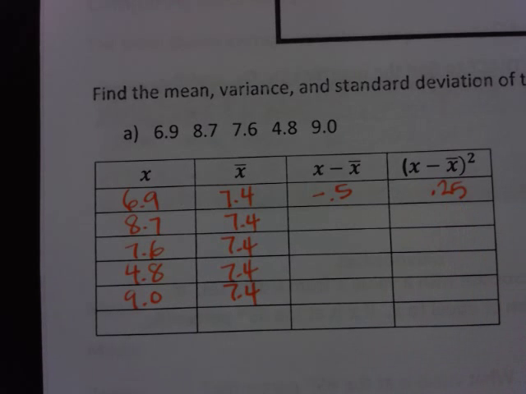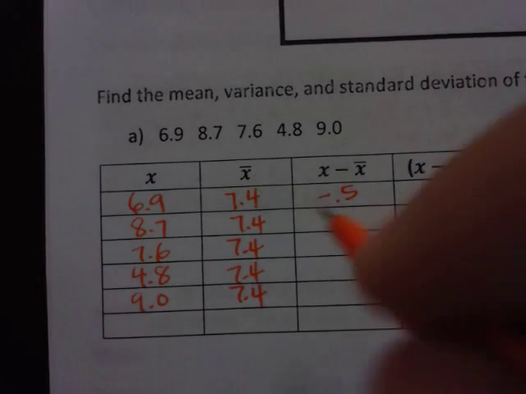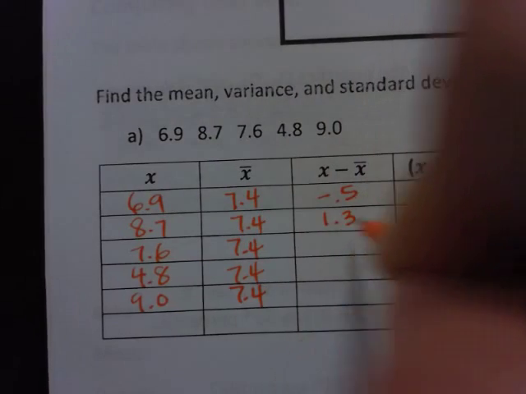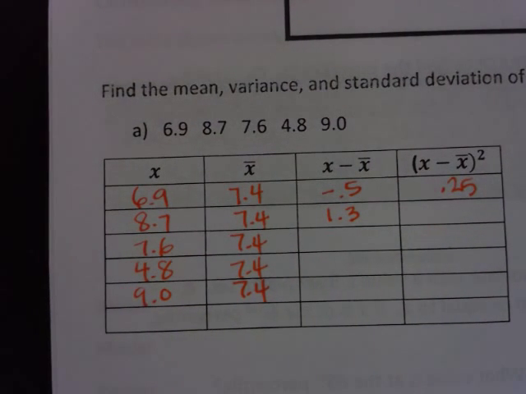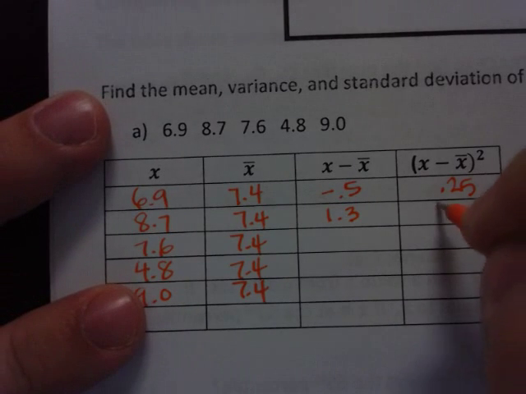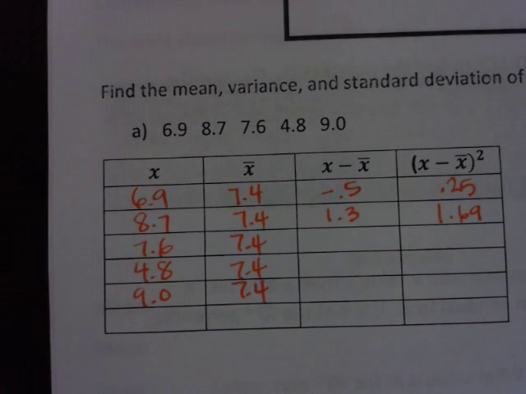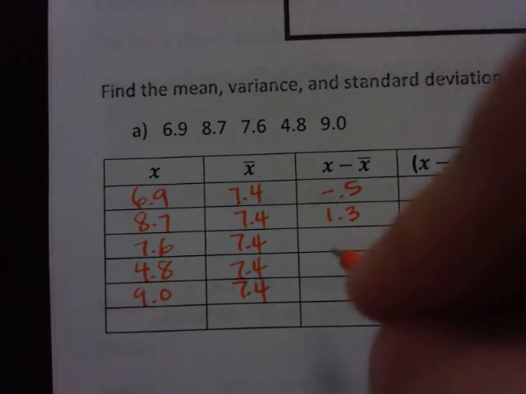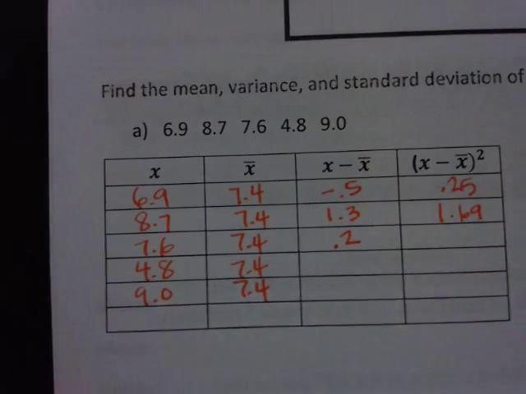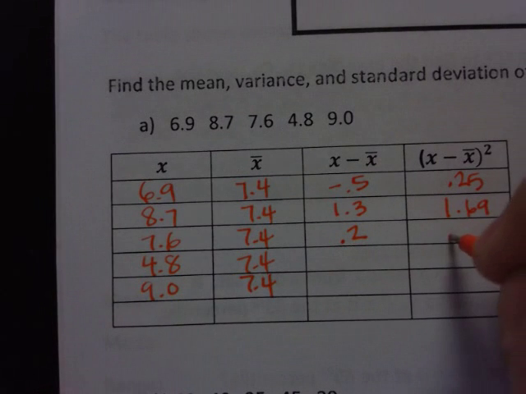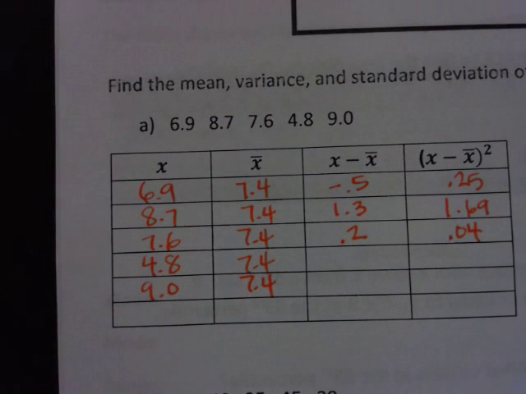So 8.7 minus 7.4 is 1.3, and 1.3 squared is 1.69. So we have to do that for all of them. 7.6 subtract 7.4 is 0.2, and 0.2 squared is 0.04.